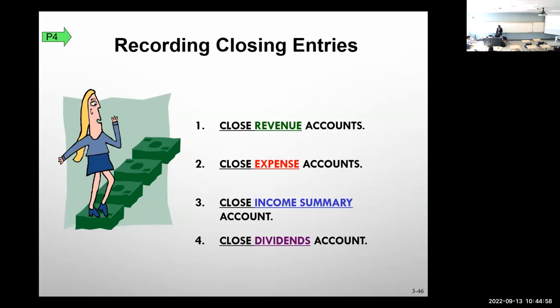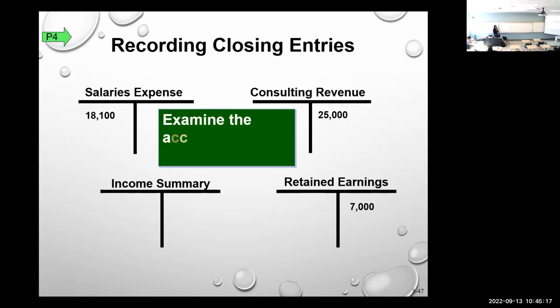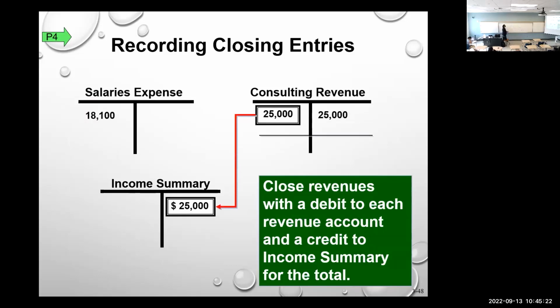So you might be asking why. Here's how that works. Remember, we have revenue and expenses on the income statement. Let's say consulting revenue was $2,500 and salaries was $18,100 debit. We're going to debit the revenue off of the revenue account and credit it onto the income summary account.